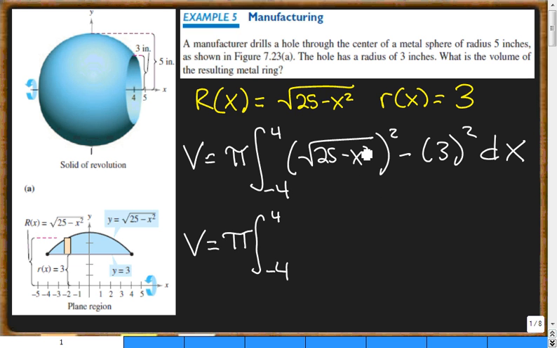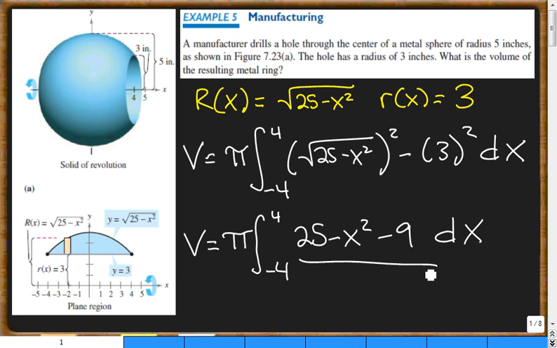Our first term, the square root of 25 minus x squared, goes away because we are squaring a square root. And then finally we subtract 9. Overall we can simplify this to 16 minus x squared. That's simply the simplification of this whole top part.